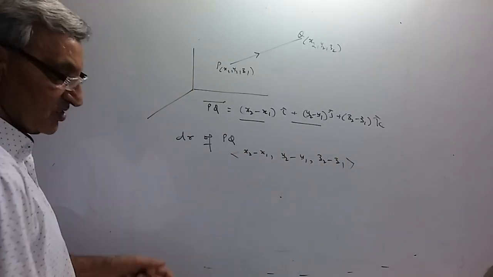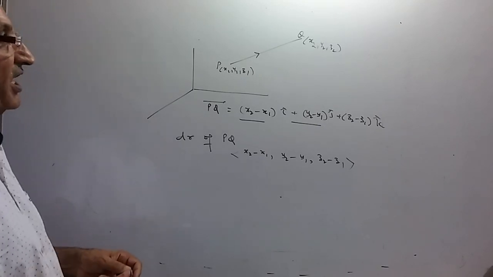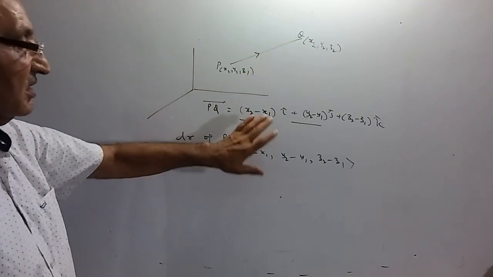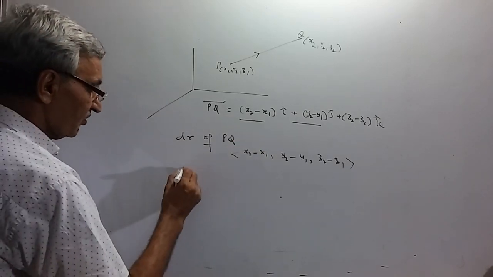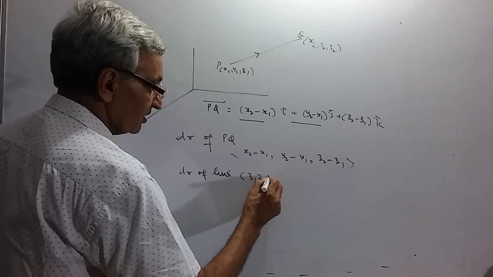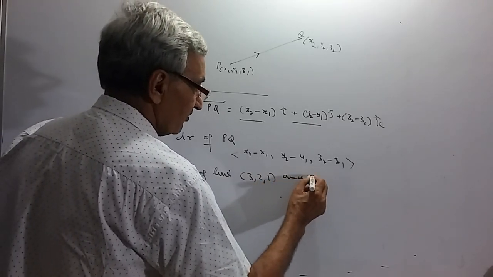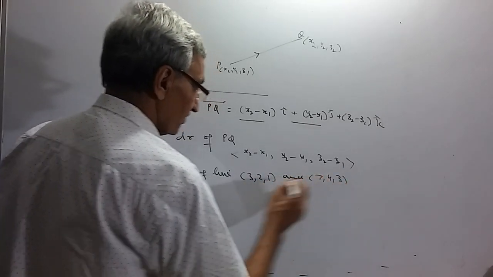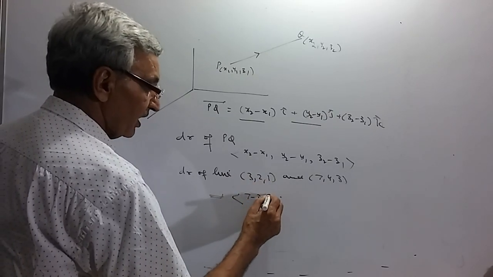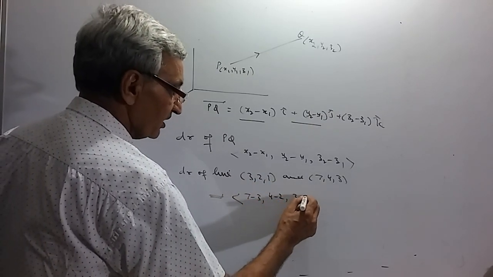You can find the direction ratio and then the direction cosines. PQ is a line here; you find this first, and then this is a vector. So what is the direction ratio of the line joining 3, 2, 1 and 7, 4, 3? The direction ratios are 7 minus 3, 4 minus 2, and 3 minus 1.